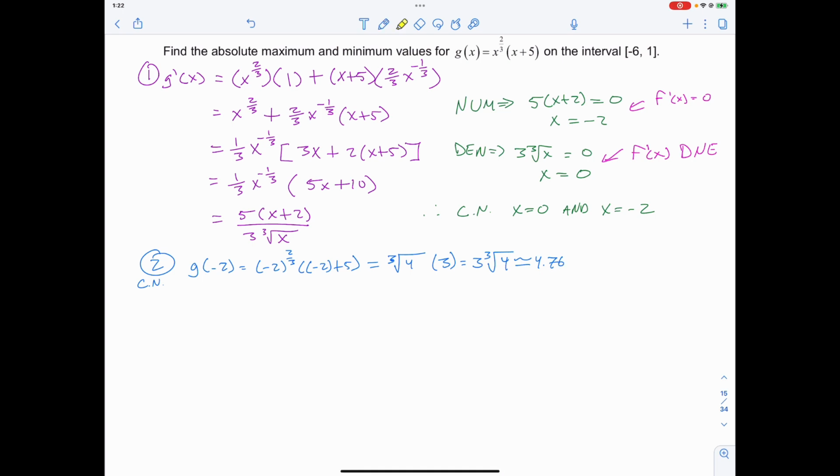Now, I want this approximation because that's going to help me figure out my minimum or maximum.